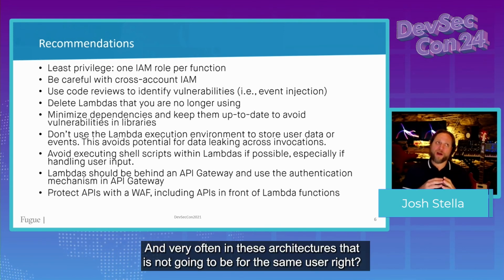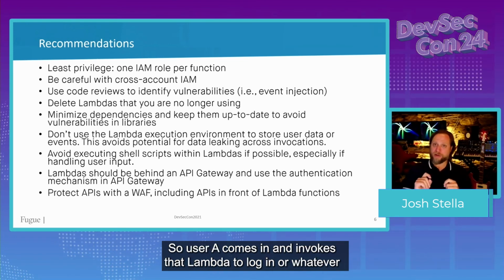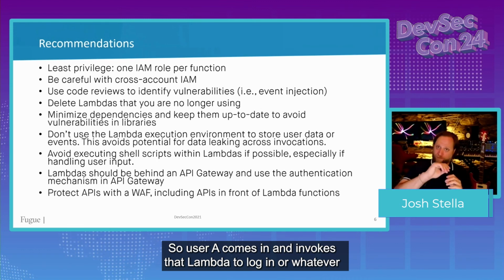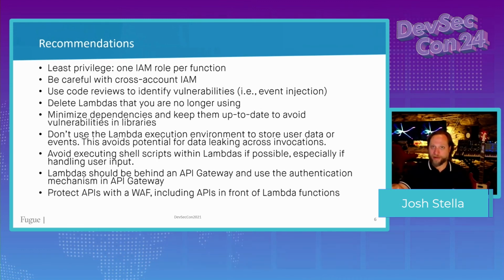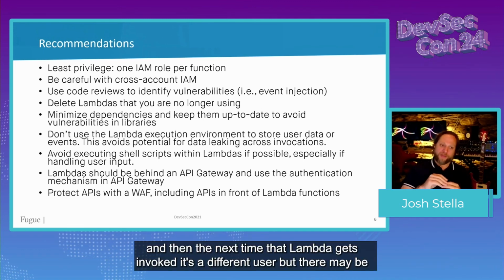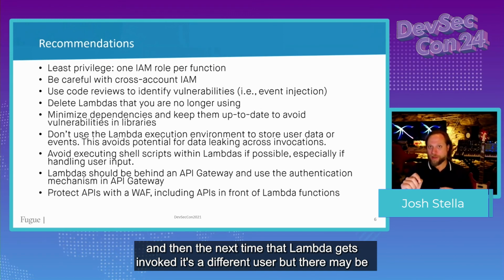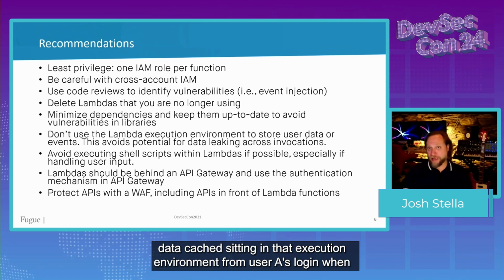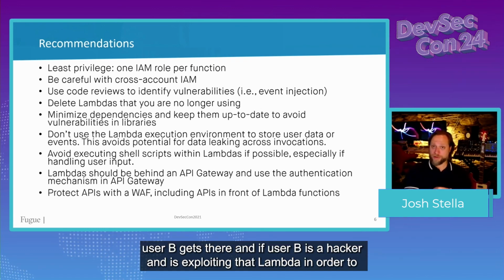And very often in these architectures, that is not going to be for the same user, right? So user A comes in and invokes that Lambda to log in or whatever. And then the next time that Lambda gets invoked, it's a different user, but there may be data cached sitting in that execution environment from user A's login when user B gets there.